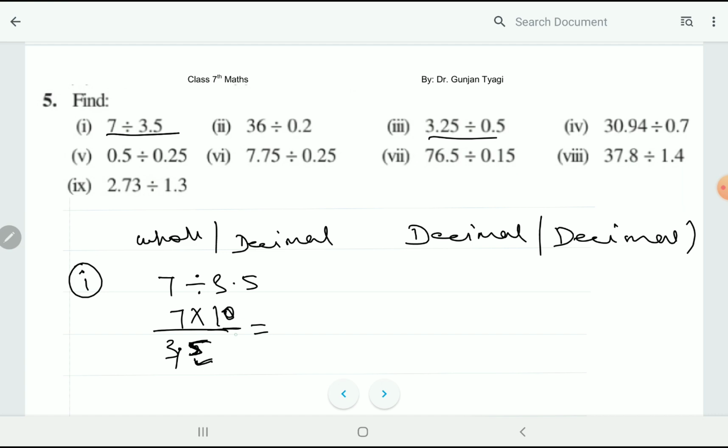If you are removing the decimal from the denominator, then you will multiply the numerator as well, and if there is a decimal number in the numerator and a whole number in the denominator, then you will multiply the denominator. So now the question is 7 multiplied by 10 divided by 35. The decimal has been removed, it is 35, not 3.5. So now we will do the simple calculation for the division.